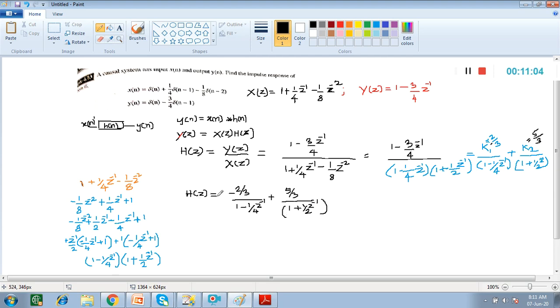So this is our impulse response in the z domain.